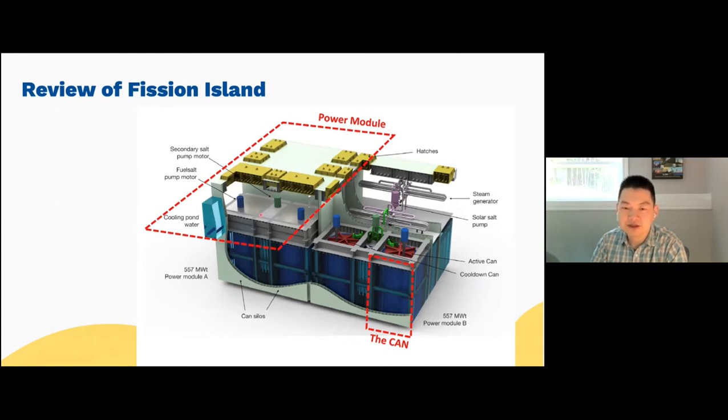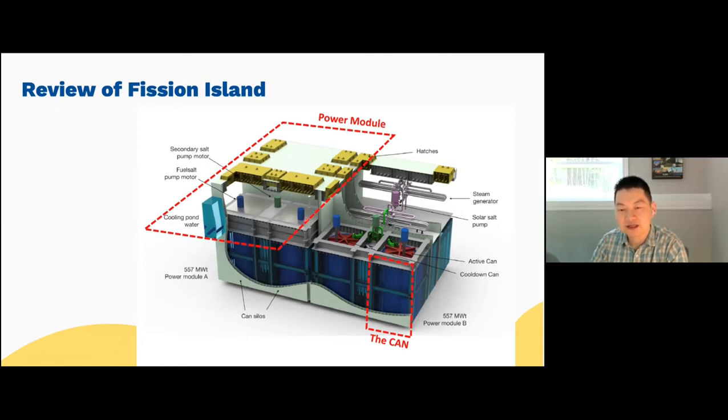For each module, there are two cans, and at any time, one can is in power operation, and the other can is cooling down. The pot, the core, is of course within the can, which you cannot see from this picture, but you will be able to see it in the next picture.